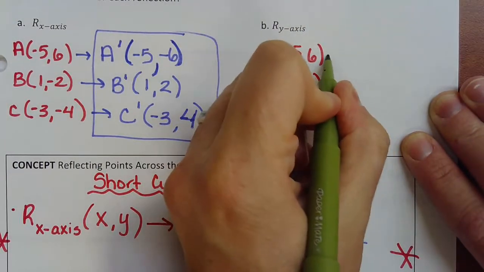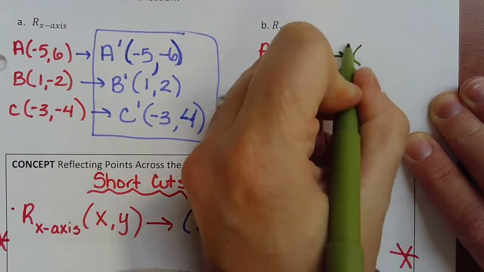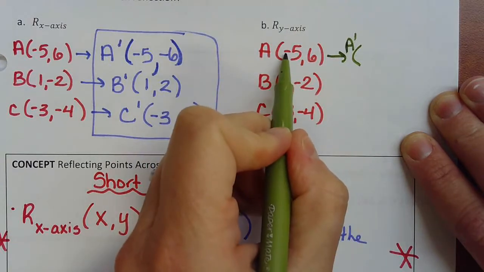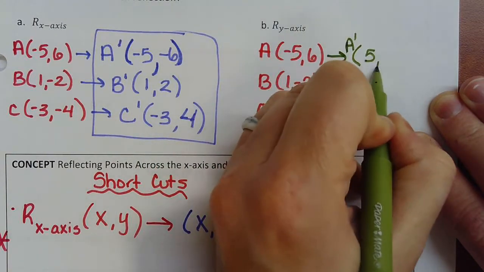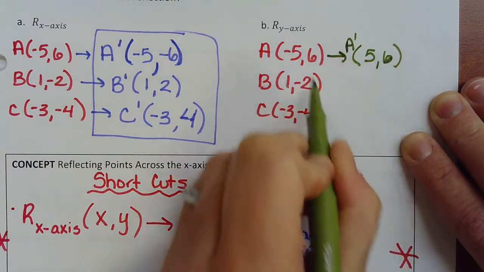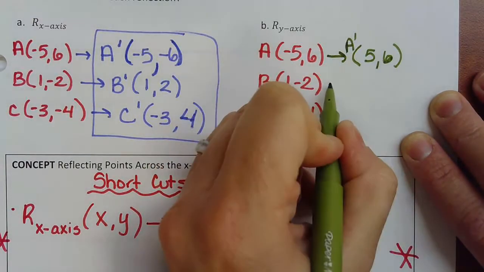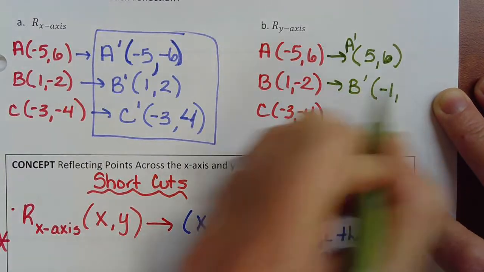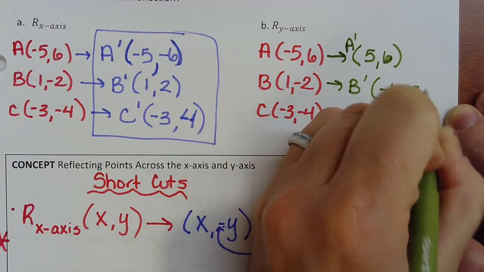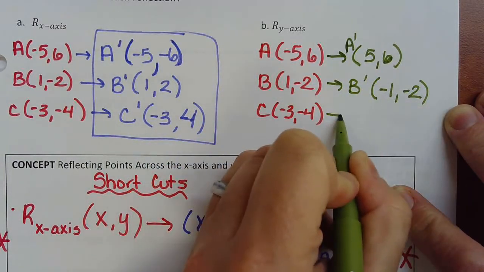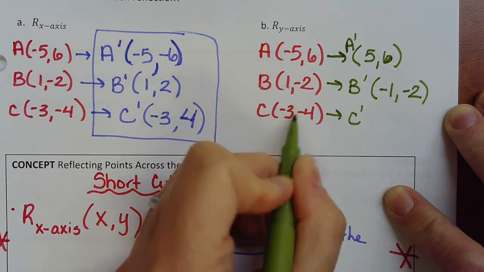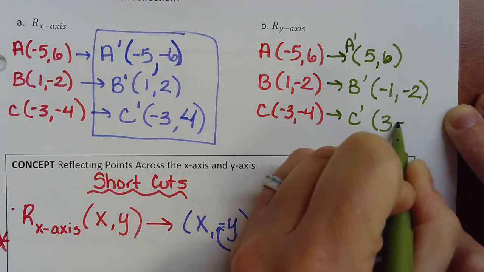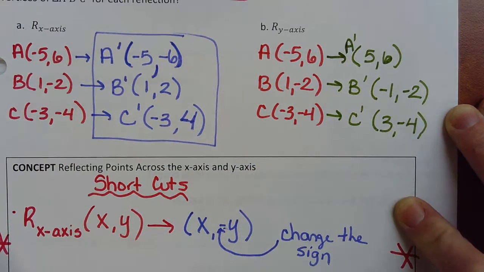For A prime, it's -5, change the sign to 5, 6. The only thing that changes is that x value. For B prime, change the sign of the x value, leave the y as -2. And then C prime, change the sign of the x value, leave the sign of the y.